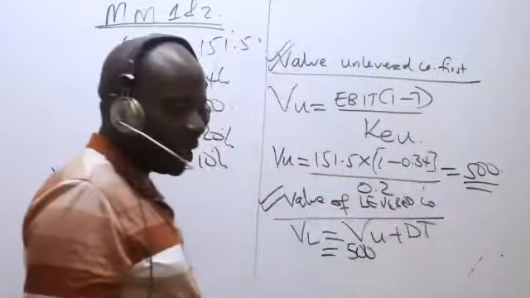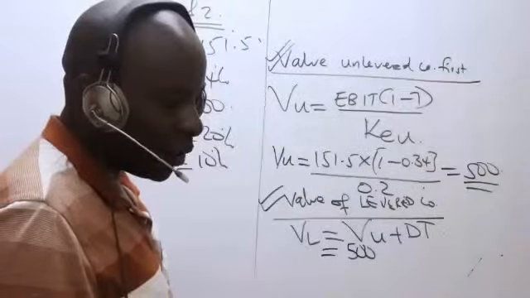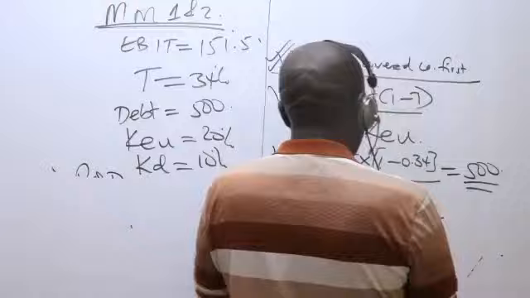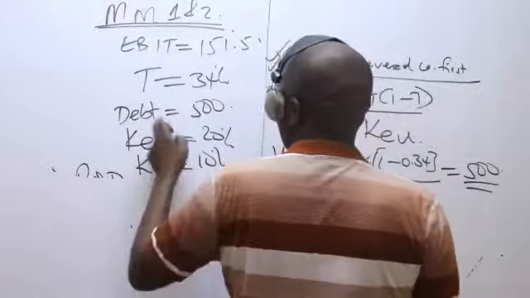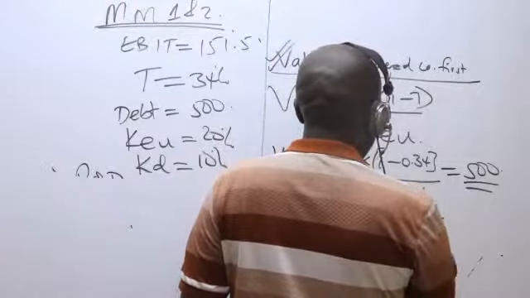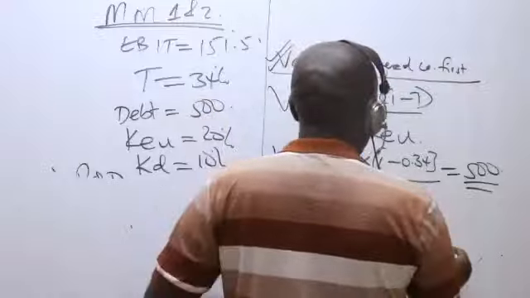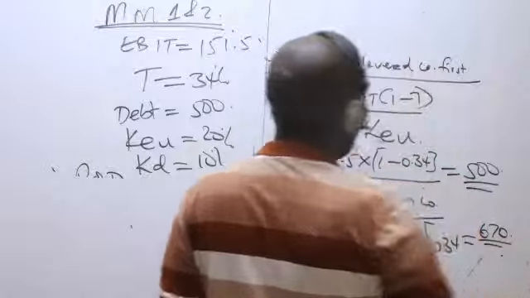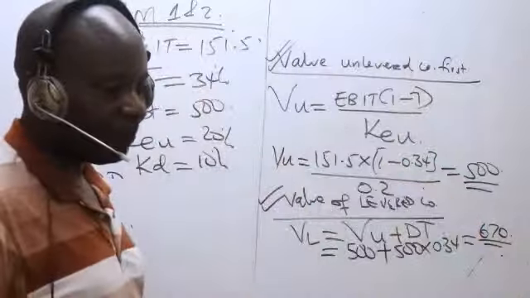So 500 plus D, debt, which is 500 here, times the rate of tax, which is 0.34, which gives 670.